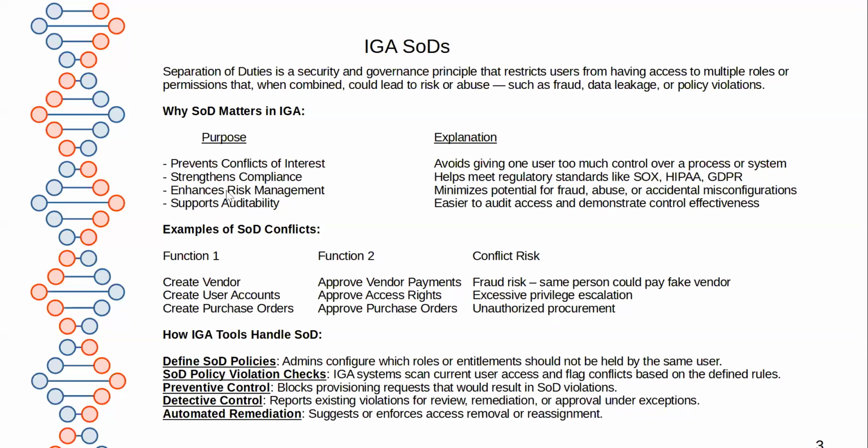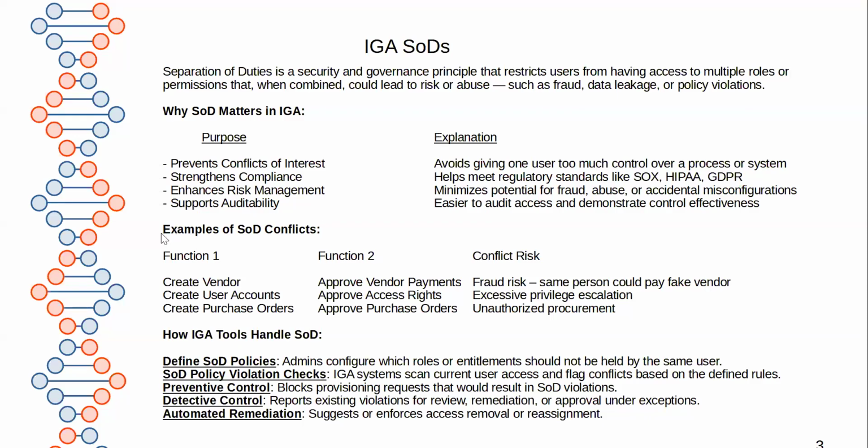It enhances risk management through the risk score and risk levels. It minimizes the potential for fraud, abuse, and accidental misconfigurations. It supports auditability, making it easier to audit access and demonstrate control effectiveness. So this is why SODs are important in any IGA system.